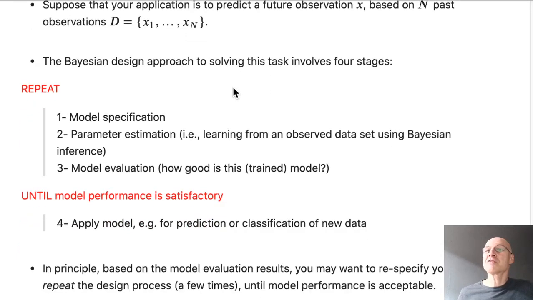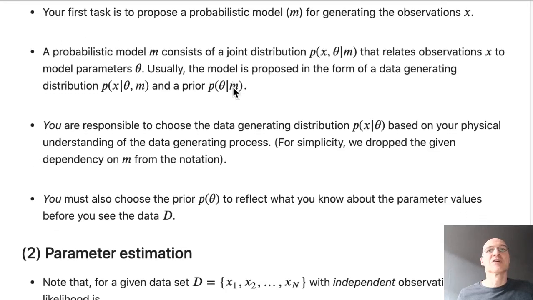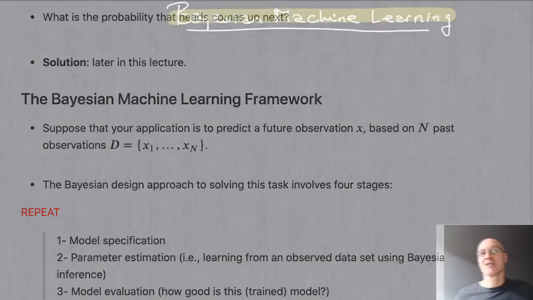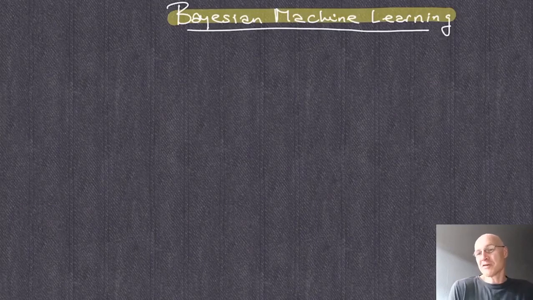It's laid out in the lecture notes, but just to slow things down a bit, I'm going to actually do it on an iPad, and I'm going to build the equations on an iPad. So the first stage is model specification. You have to design a model. And what is a model?